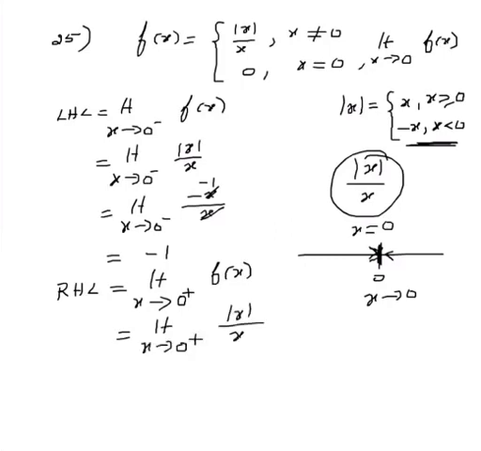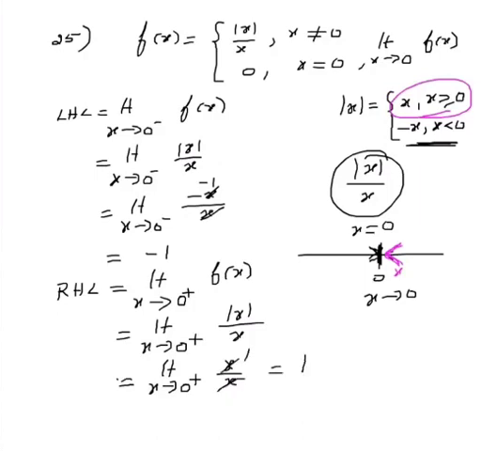Same function, absolute value of x by x. When x approaches 0 from the right side of 0, very close to 0, but from the right side of 0, the value is positive. The values which I am going to try are all positive values. So let us use the absolute value function definition. Absolute value of x for positive values of x is x, see the definition of absolute value of x for x greater than or equal to 0, which becomes 1.